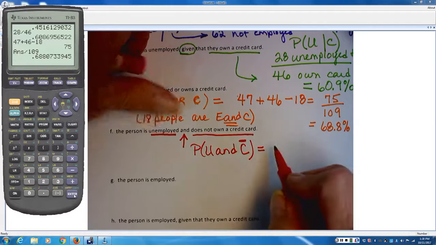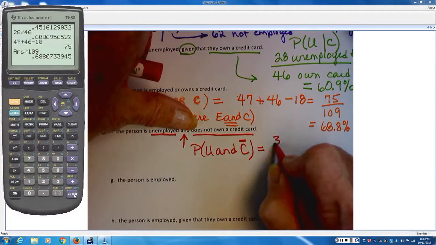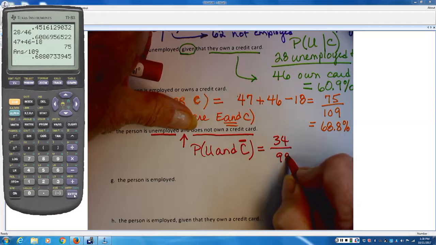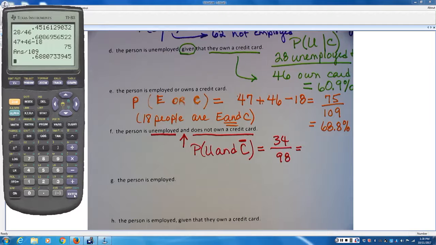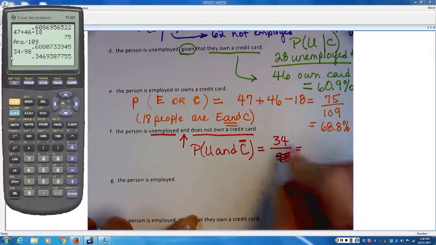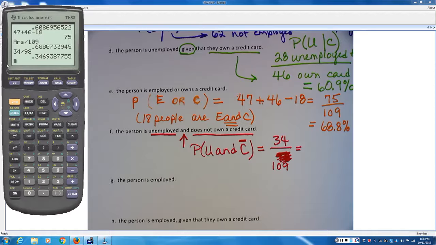So the probability they're unemployed and do not own a credit card is 34 out of 98, which is a little bit more than a third. Oh, I'm sorry, 109. I'm still on the last problem, thank you. So 34 out of 109. And that's 31.2%.